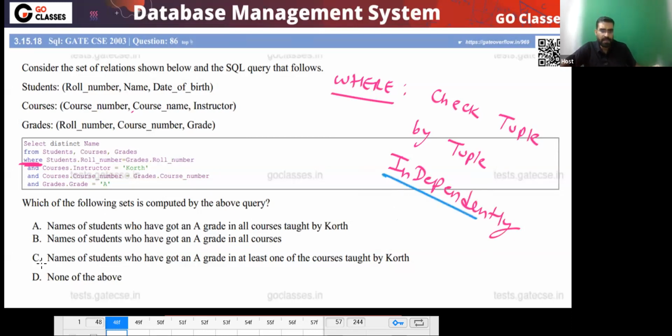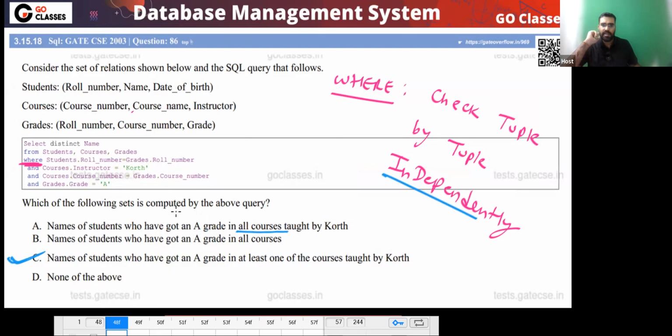So I can say there should be the names of those students who got grade A in at least one course taught by Korth. This is your answer. Yes or no? We don't need all the courses by Korth. We don't need grade A in all the courses. Is this clear?